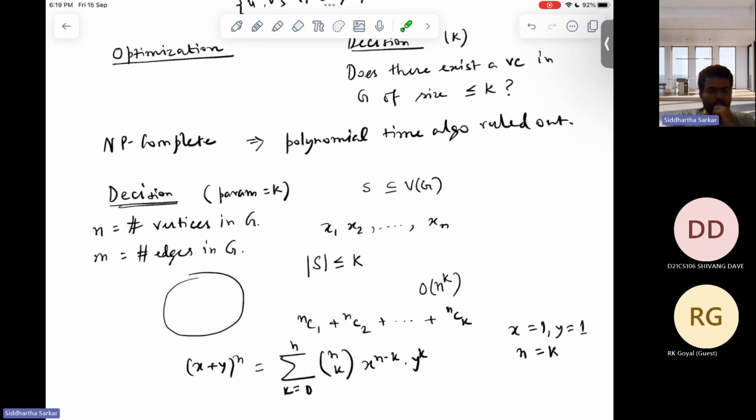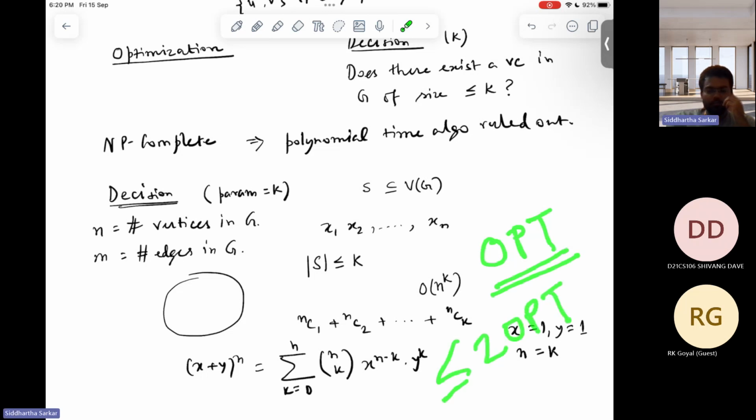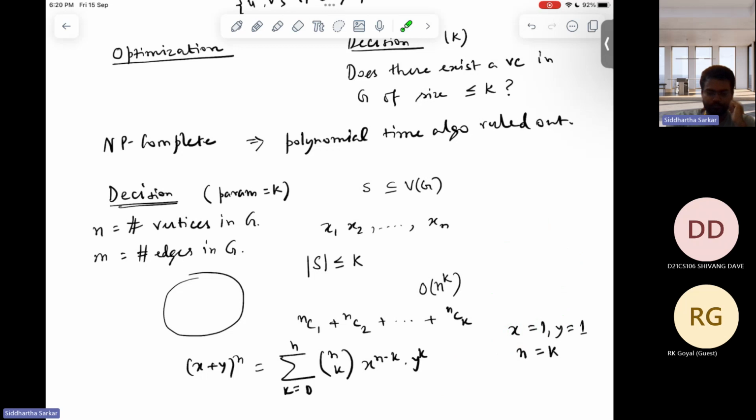But the good thing is, if you're not insisting on getting the minimum vertex cover. So if you are saying that, okay, I do not want you to output the minimum vertex cover, but if the vertex cover size is OPT, then you give me a vertex cover whose size is at most 2 OPT. So you have some tolerance for error.